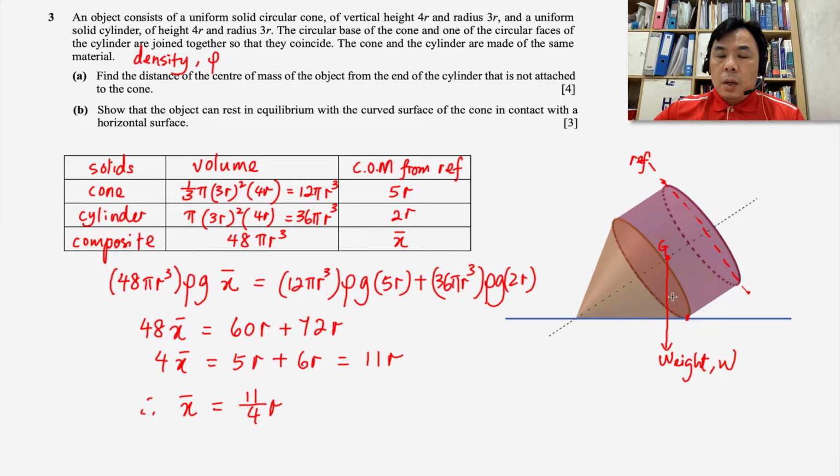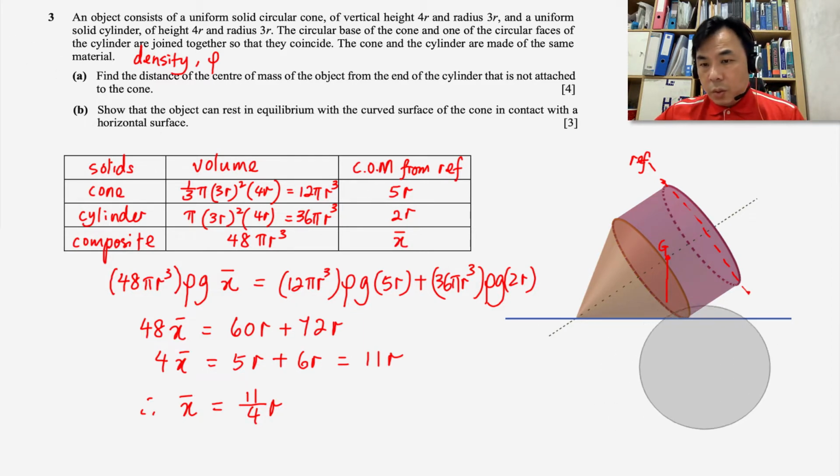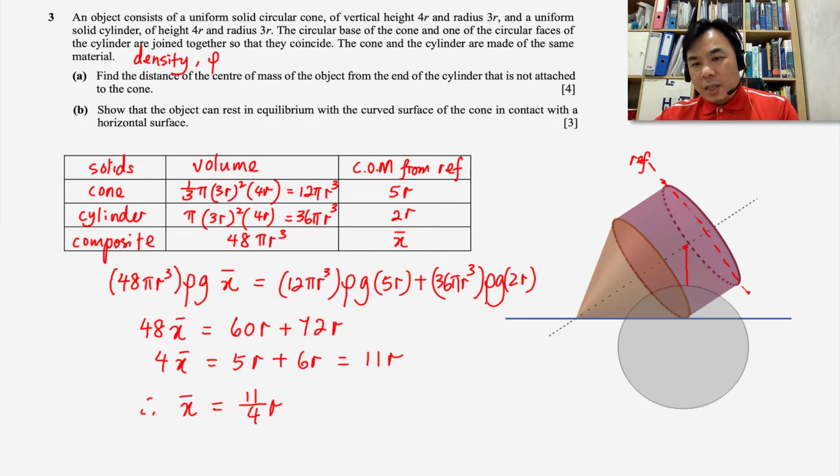Now, the main reason why the line of weight should not exceed this pivot here is because if it exceeds this pivot, take for instance, I'm going to show it to you anyway here. Take for instance, if we had gotten a G differently, maybe it's below 2R, then the line of the weight would be somewhere like this.